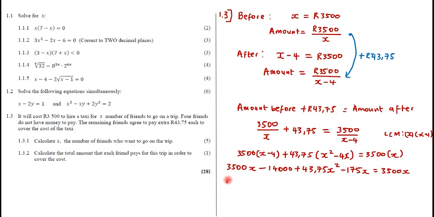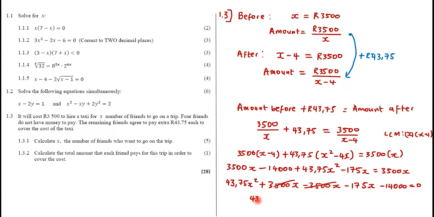So the standard form will be 43.75x squared. And then I see here that I have this and that and that, so I'm just going to write them: 3,500x minus 3,500x minus 175x. And then I have minus 14,000 equals 0. Then this cancels with that.